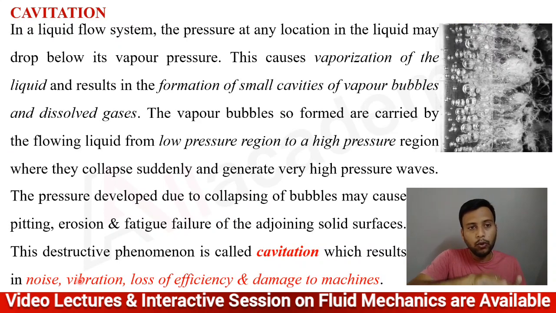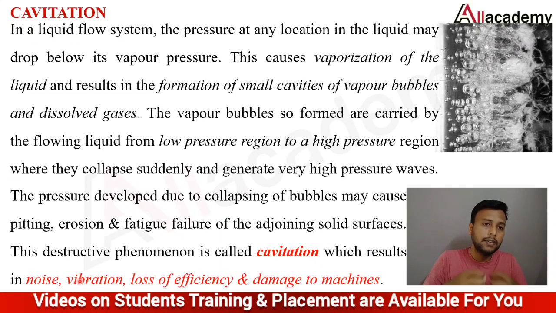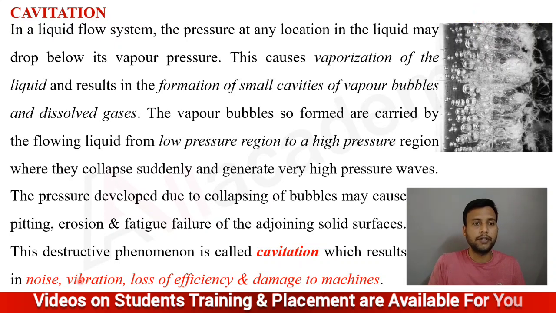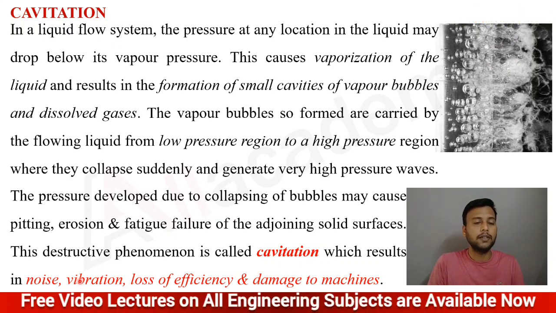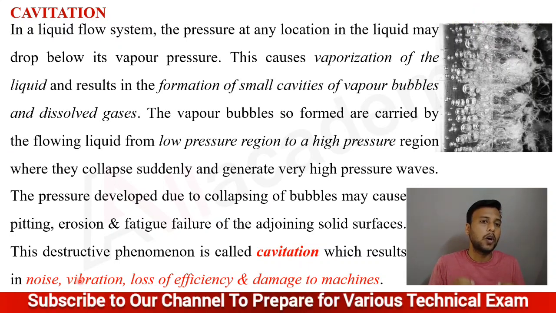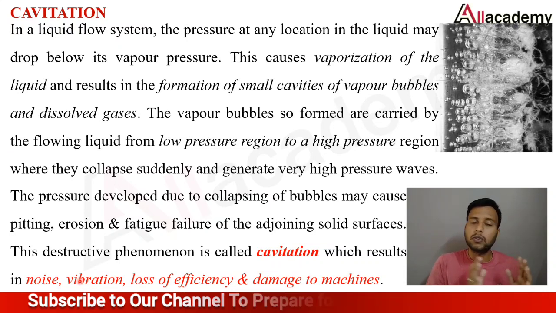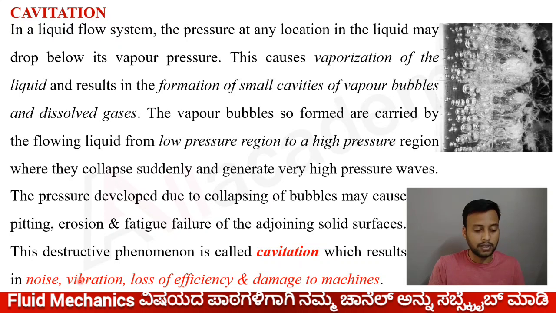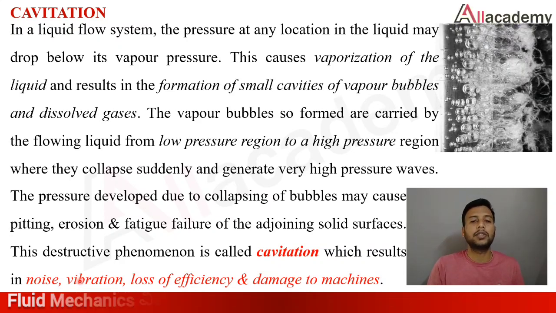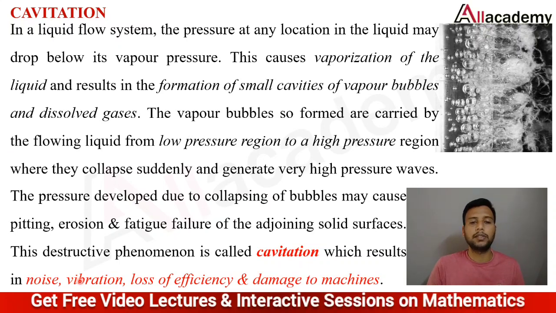When they flow from the lower pressure region to the high pressure region, these bubbles collapse and form high pressure waves. These waves hit the surfaces in a pressurized manner and cause small pittings and small holes on the surface of the components. That reduces the efficiency of a component, damages the machine, and creates noise and vibrations in the machine components.